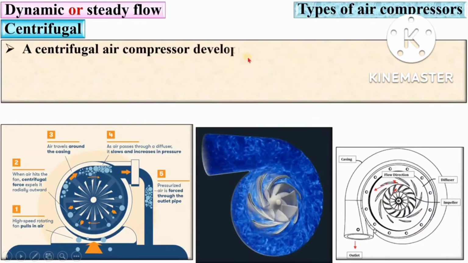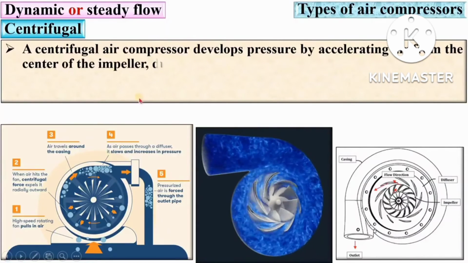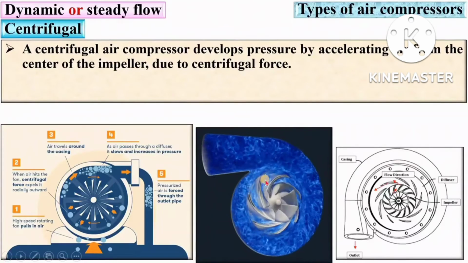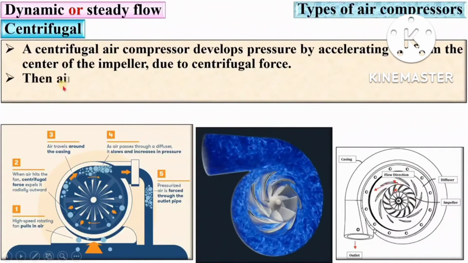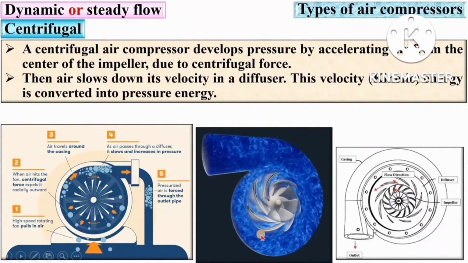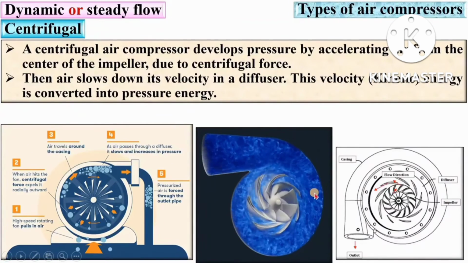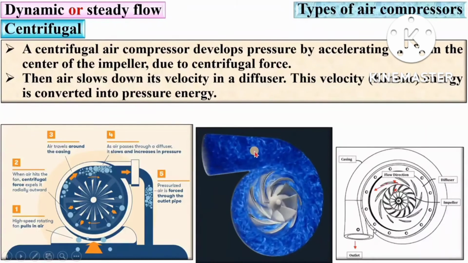A centrifugal air compressor develops pressure by accelerating air from the center of the impeller due to the centrifugal force. That's why it is called a centrifugal air compressor. Then air slows down its velocity. Here you can see in a diffuser, this velocity, or you can say kinetic energy, is converted into pressure energy.